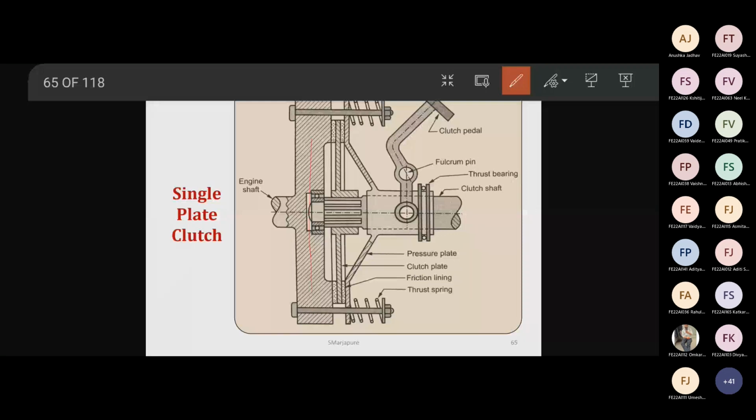In between is the clutch plate. Here you can see the clutch plate, and this dotted part is the frictional material. The clutch plate is engaged by default because of these thrust springs. Because of this spring pressure, it is in the engaged position, right?